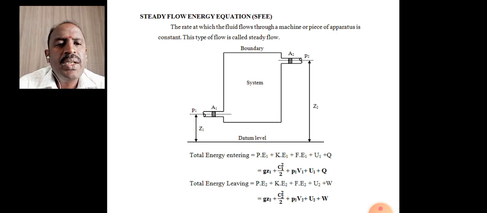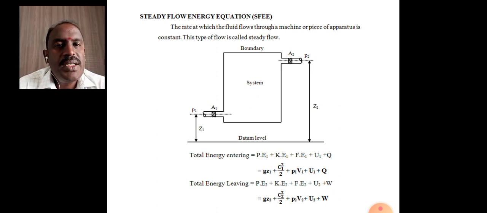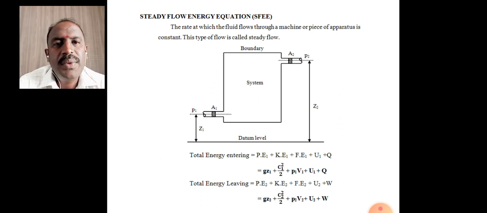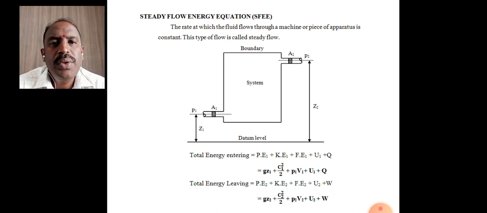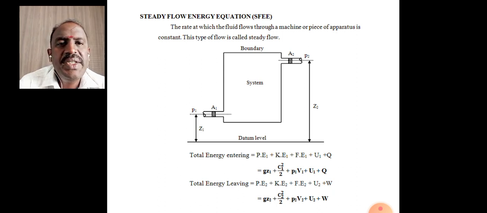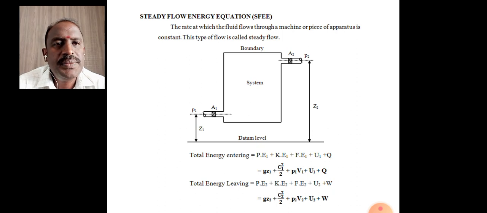The total energy leaving is potential energy plus kinetic energy plus flow energy plus internal energy plus the work extracted from the system, so that is g Z2 plus C2 square by 2 plus P2 V2 plus U2 plus W. So this is the energy entering and the energy leaving the system.